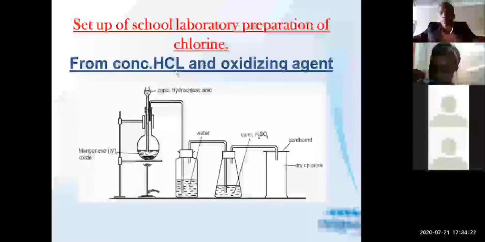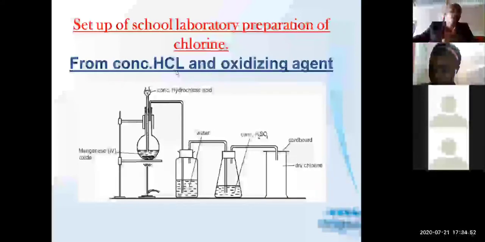Is it true to say that KMnO4, potassium manganate(VII), is also an oxidizing agent? Another one? Yes, dichromate(VI) ions.